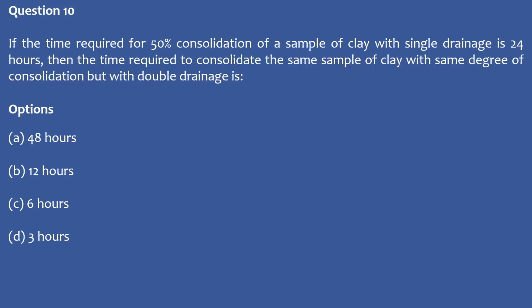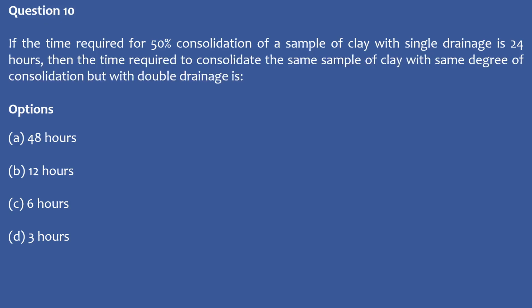If you know how the consolidation theory works, it's easy to calculate. And also if you know the relation between the degree of consolidation, the time constant, and the time required for the drainage, then you can answer this question in an efficient manner.